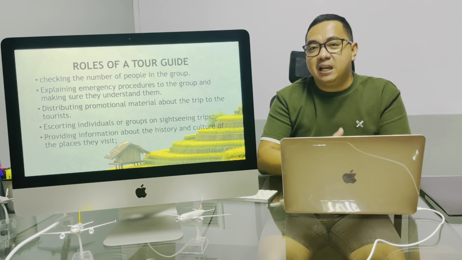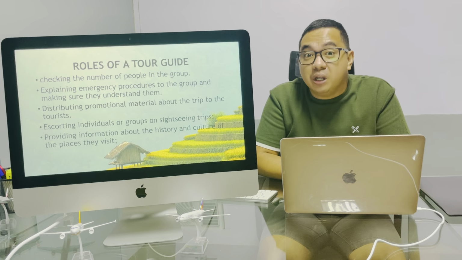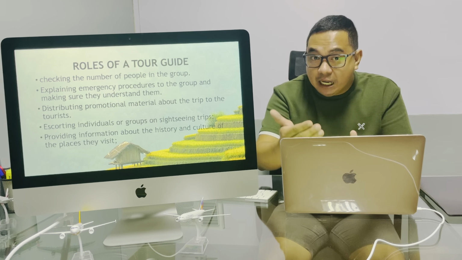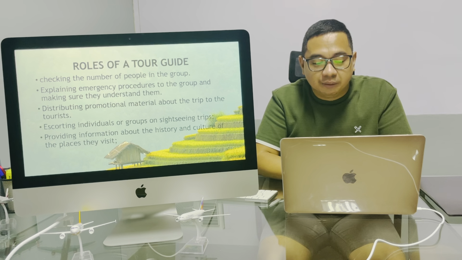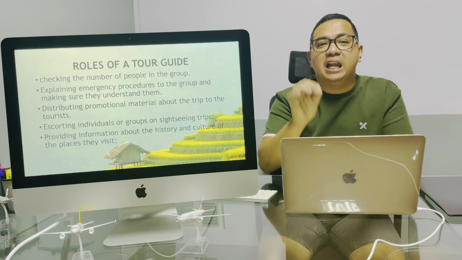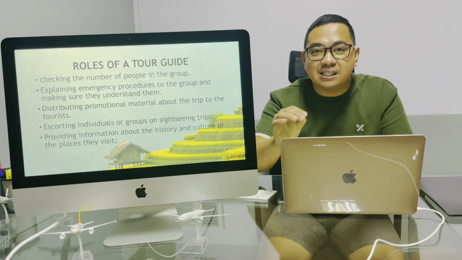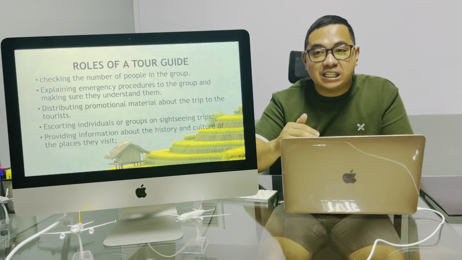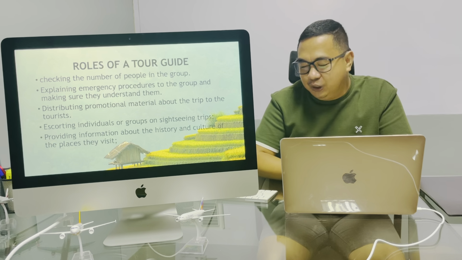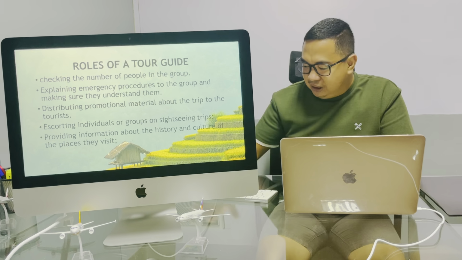Some of you may work as a tour guide, which really earns a lot of money, especially if you are good, you also get tips. That's very good. But you have to remember, the information has to be accurate. You cannot just make things up. It has to be based on what the tourism department provides about the destination you visit. Okay? Continue.